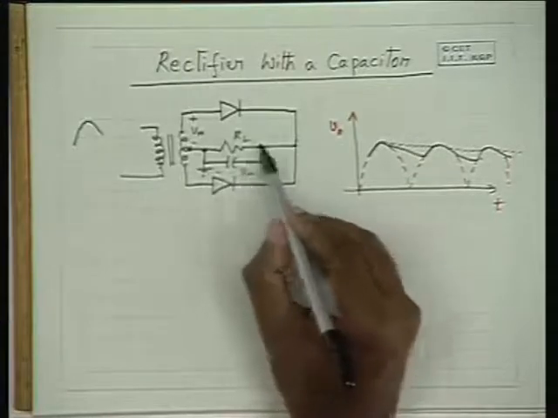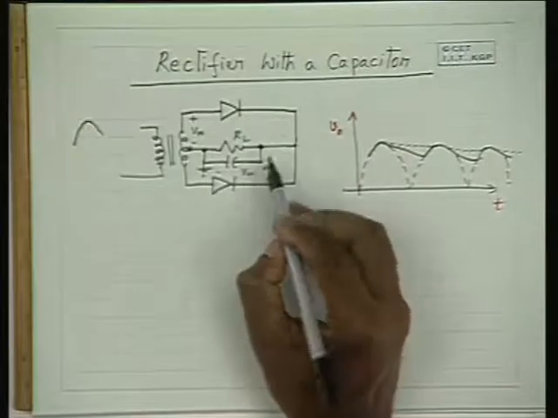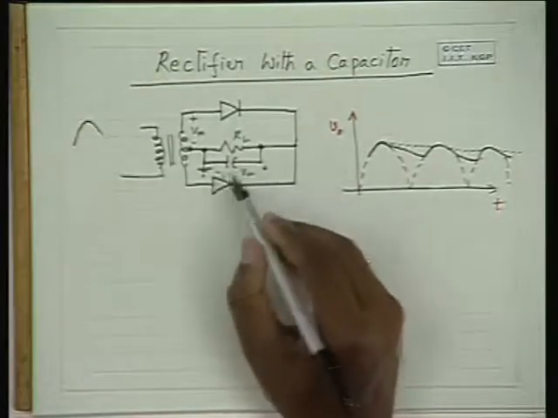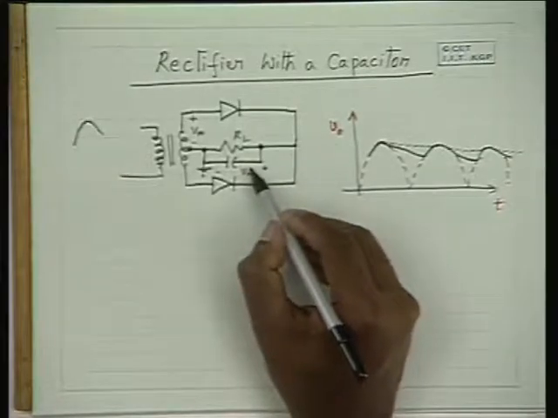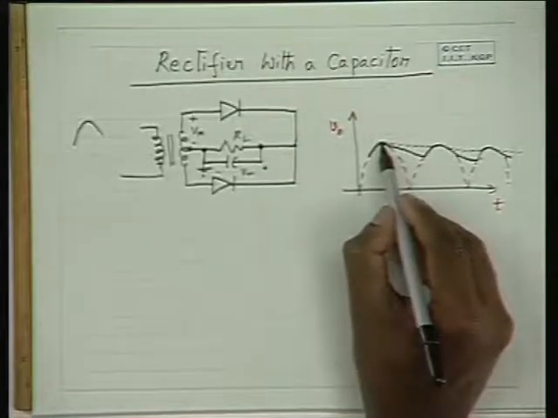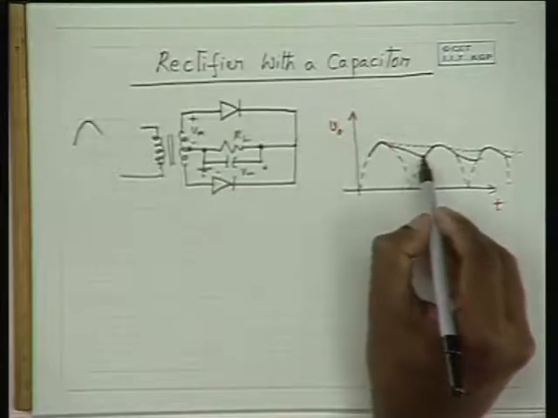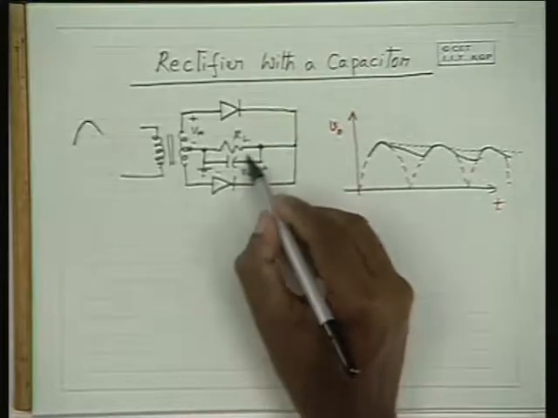Then this load is supplied by the current drawn from the capacitor. The capacitor is already charged, and it dissipates its charge through the load resistance. Therefore, the voltage across the capacitor goes down exponentially with the time constant equal to RL into C.